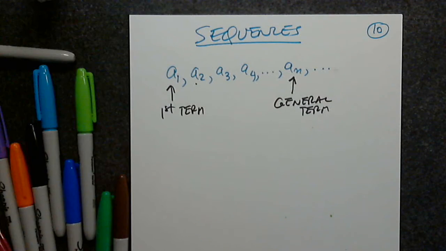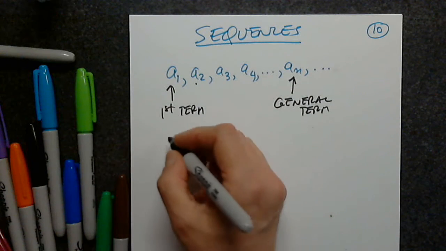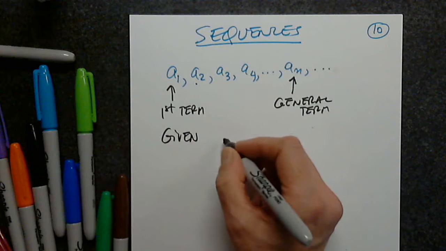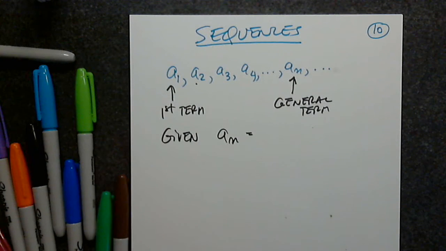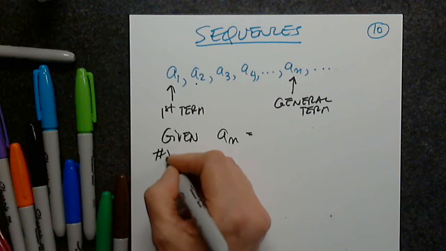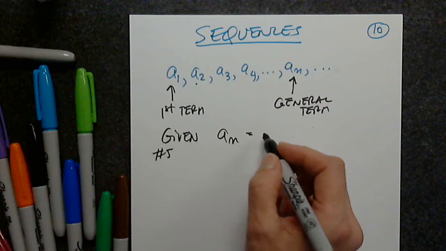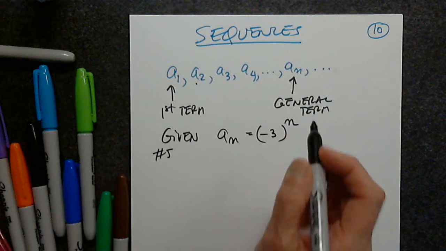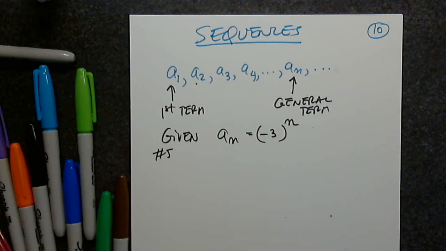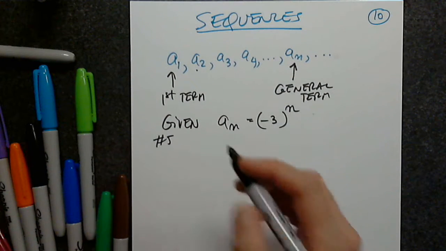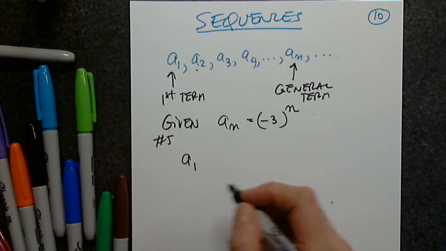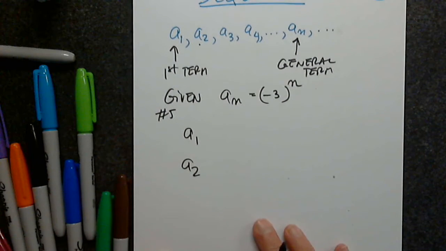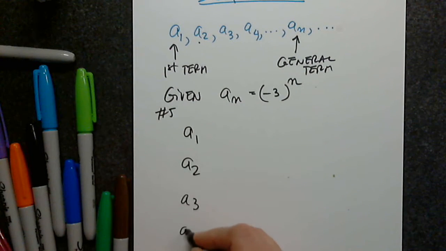Let's suppose we are given the general term. And I'm going to look at a problem. Let's say 5. We're given the general term as being (-3) to the nth power. They're asking us to write the first 4 terms of each sequence. So in other words, find A1, find A2, find A3, and find A4.